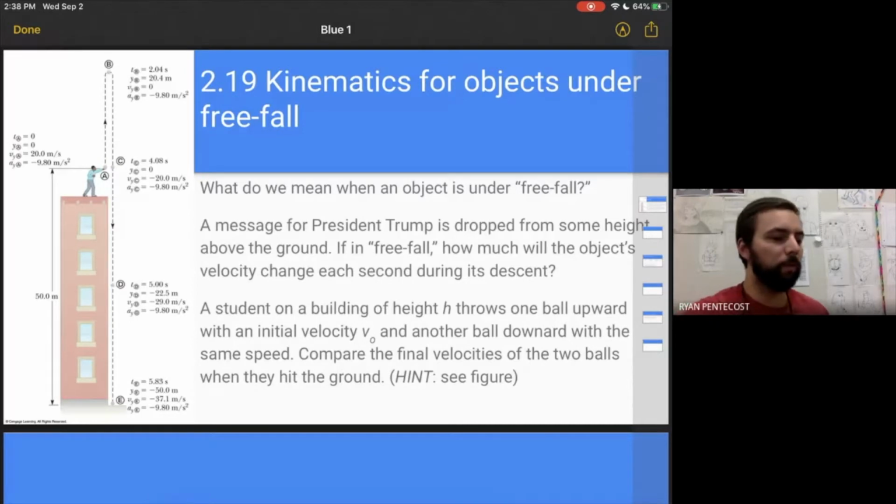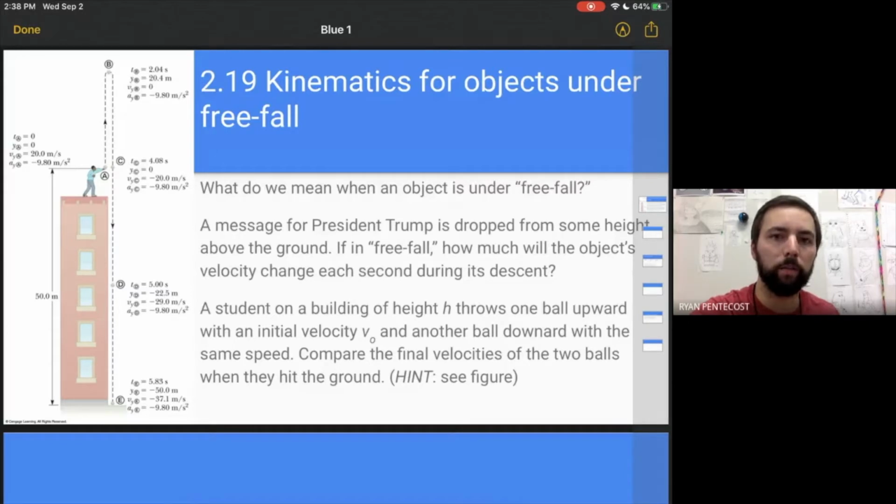So for free fall, we're going to make the assumption that the acceleration that the object is experiencing is g, 9.81 meters per second squared. The acceleration due to gravity can change depending, because we'll have some atmospheric problems where it's not 9.81, but it's g.